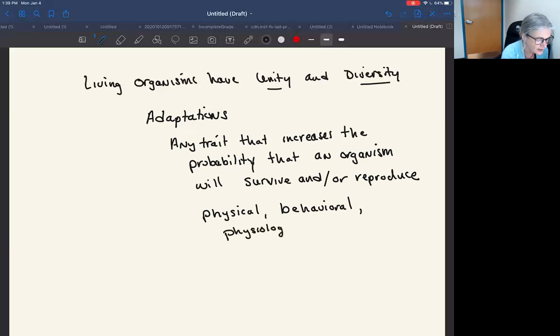So we could talk about the flow of blood through our heart, right? So it could be any traits, all different types of traits. It doesn't just have to be a structure. It could be a process, or it could be a behavior. And that trait could be observable on the outside, or it could just be simply observable on the inside.